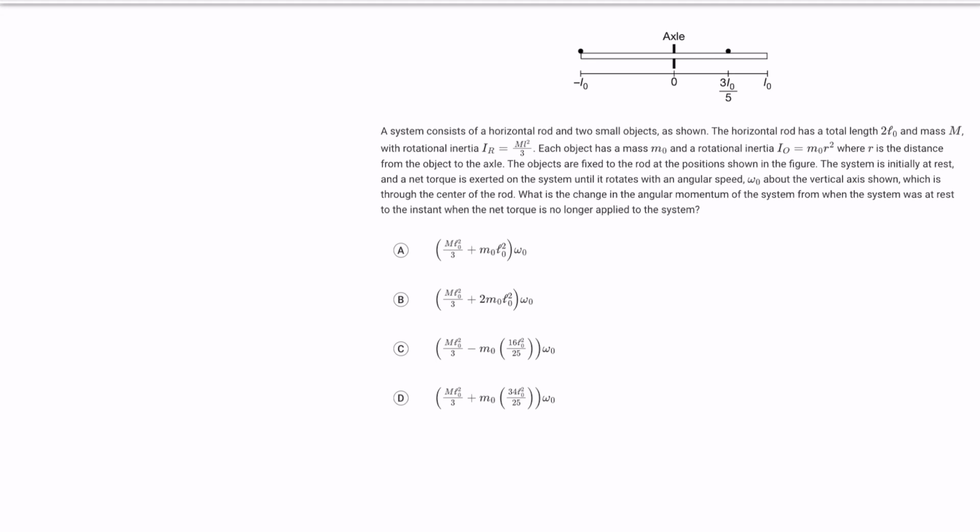So, let's say we have the sum of all momentums here, all right? So let's say we're trying to find the angular momentum of the rod plus the angular momentum of object 1 plus angular momentum of object 2.